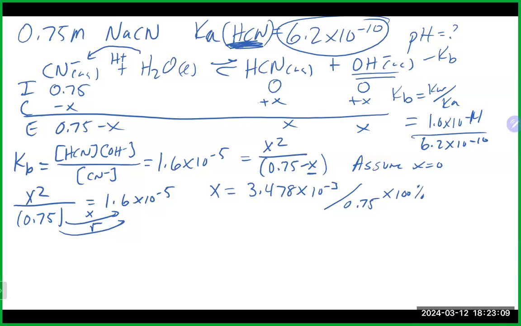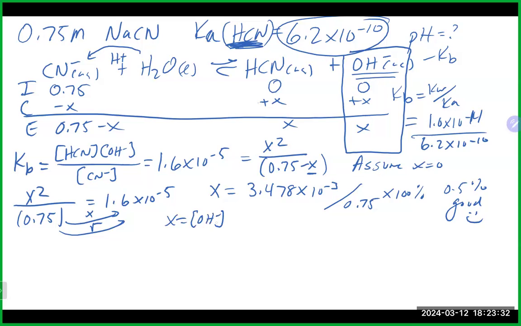It will be about 0.5%, which means it is a good assumption in this case. Once again, a reminder of the importance of writing this equation correctly, and you are required to write the equations and reactions, by the way. We see that the x value here does equal the hydroxide concentration.